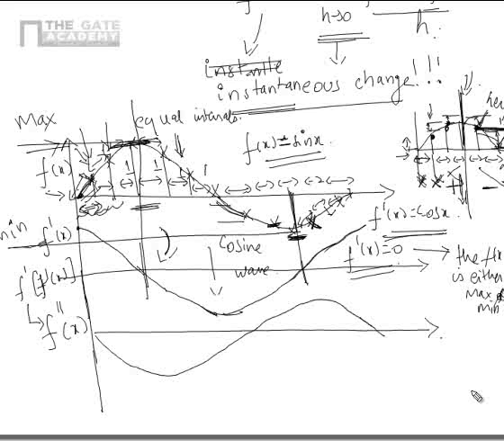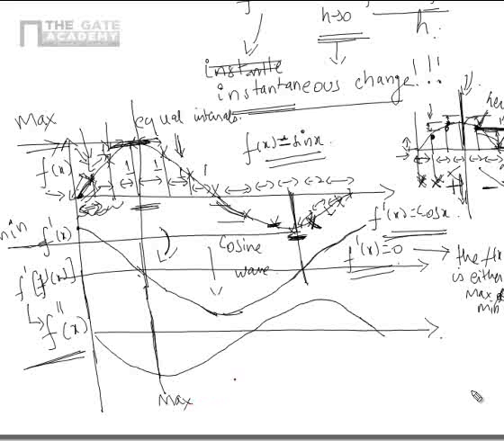Now how do I know which is max and which is min from this? F dash of x is 0 means at that point f of x is either max or min. So how do I conclude it is max, or how do I conclude that it is min? I observe f double dash of x. We have another clue here. At the maximum point, this is the max point, right?